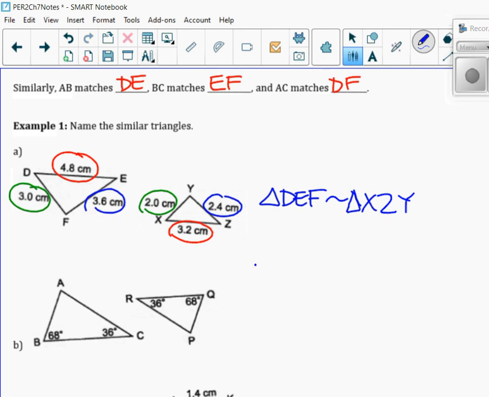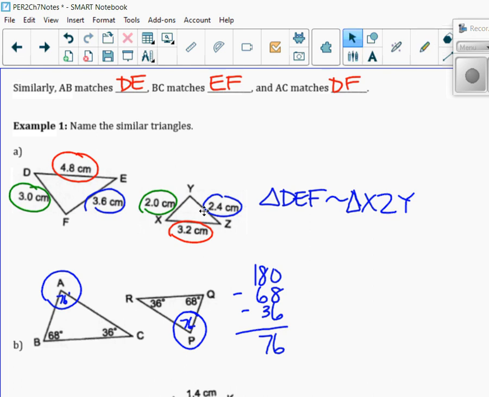So if I take 180, subtract 68, and subtract 36, I get 76 degrees. So that means this is 76 and this is 76. So P corresponds with A. I'll use a different color pen. Q corresponds with B. And C corresponds with R.